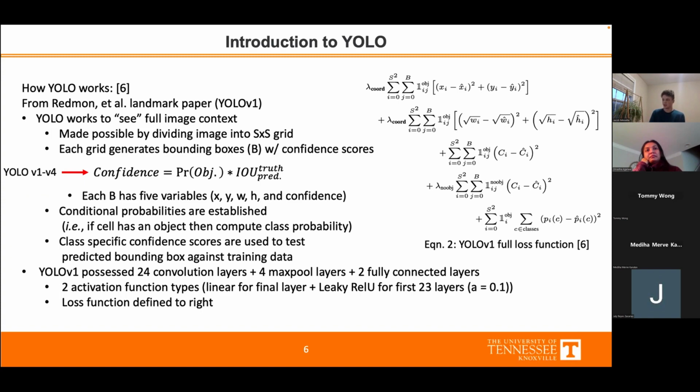And then the actual loss function is defined to the right. It looks very complicated, but essentially it's just that same intersection over union type of equation. The only difference is that they add these prefixes, these lambda values, lambda coord and lambda no object.